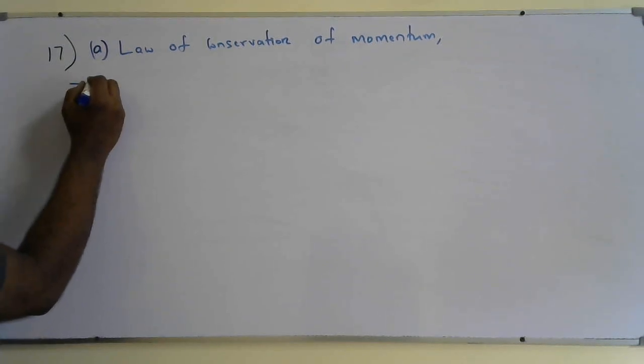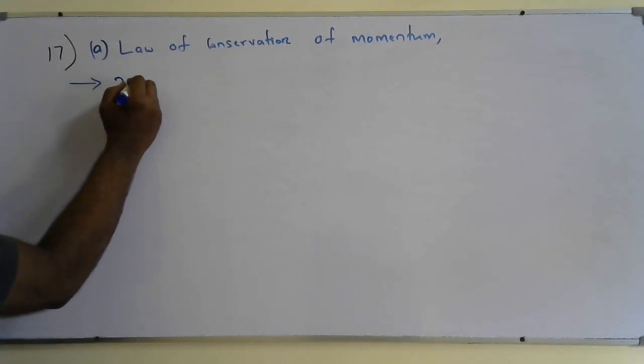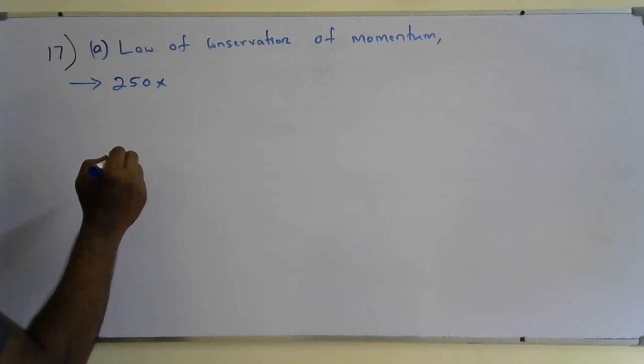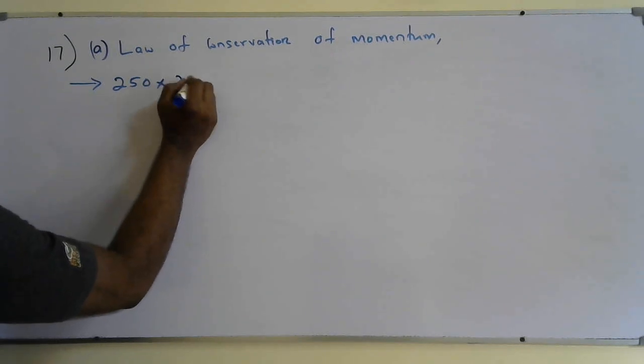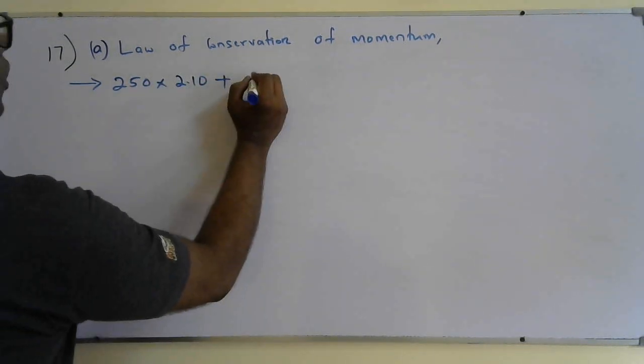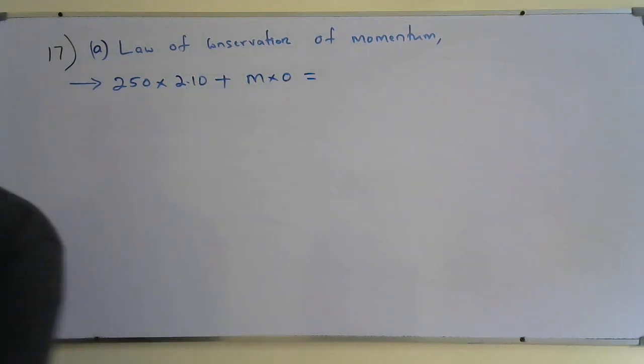So I use the law of conservation of momentum towards the right. The mass of P is 250 kilograms. Mass of P into its velocity. It's moving at 2.10 meters per second before collision. But Q was at rest. Its mass is M, and it's at rest, so 0.